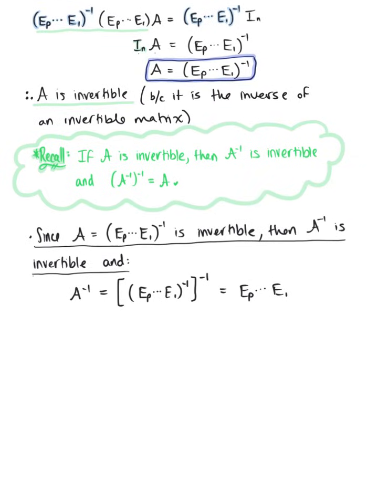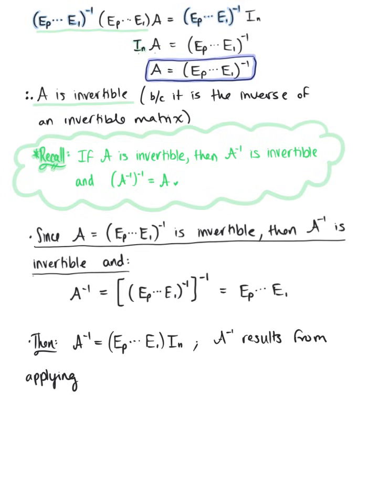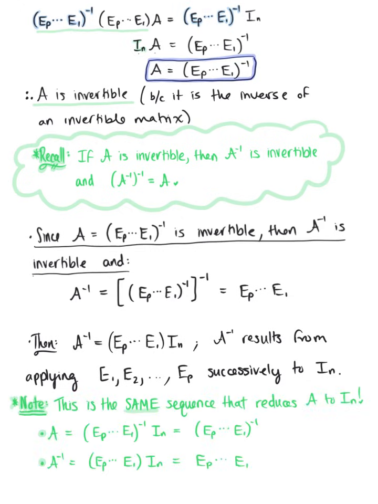So then we are able to conclude that the inverse of matrix A is equal to this product of elementary matrices, E sub P through E sub 1, multiplied by the n by n identity matrix, which tells us that the inverse of matrix A results from applying this sequence of elementary matrices, E sub 1, E sub 2, all the way to E sub P, successively to that n by n identity matrix, which is the same sequence that reduced matrix A to the n by n identity matrix.